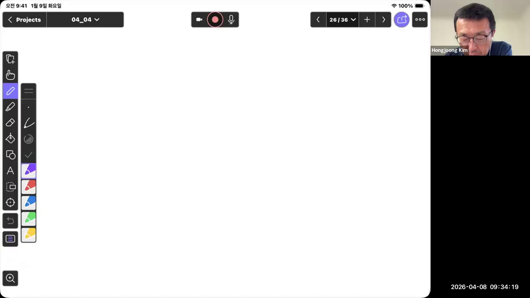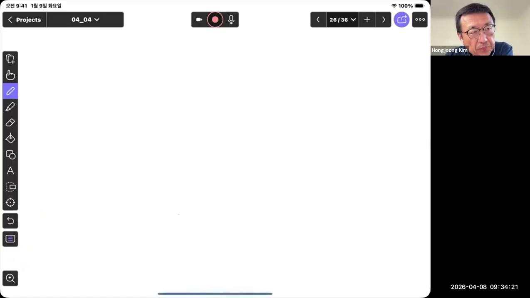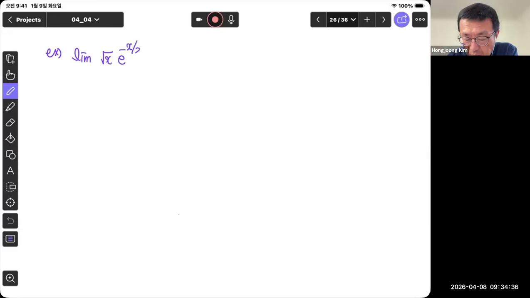What is the limit of, say, the square root of x times e to the negative x over 2 as x approaches infinity? Now, as x approaches infinity, square root of x will diverge.